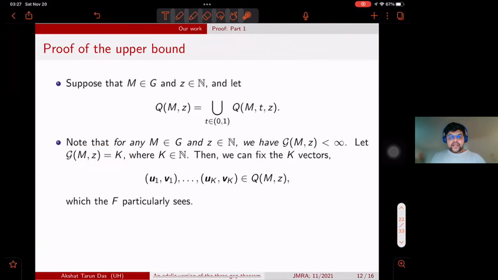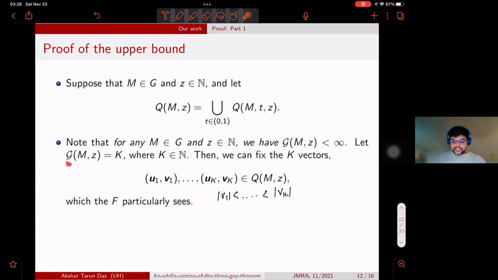Then what this means is that we can fix K different lattice vectors in QMZ. So let's denote those K distinct lattice vectors by U1, V1 going up to UK, VK. And what this means is that the function f is going to see these particular lattice elements, and the distinct values that the function f is going to take are going to be absolute value of V1 going up to absolute value of VK.